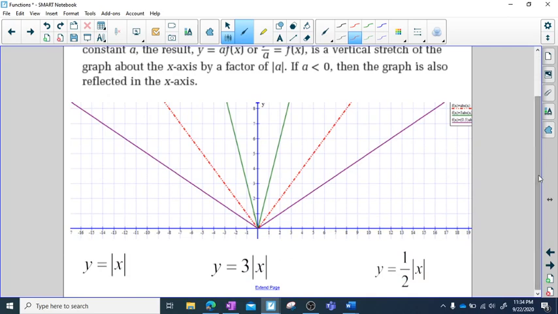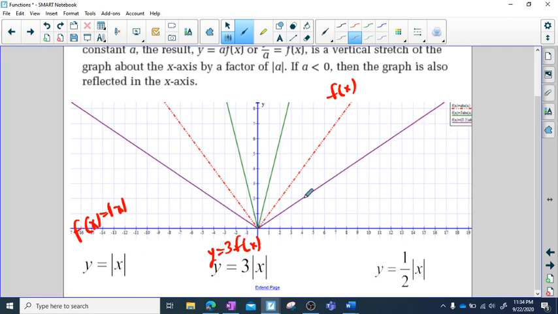Here's 3 functions. Y equals absolute value of x. So my function in this example is f of x is the absolute value of x. It is the red broken line right here. That's our base function, f of x. Well, this example is y equals 3 multiplied by whatever the original f of x was.